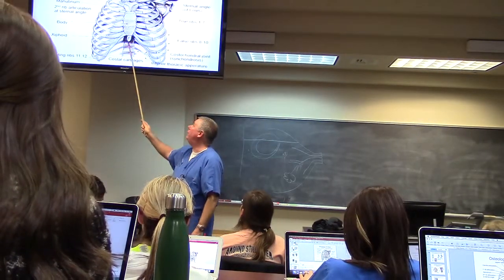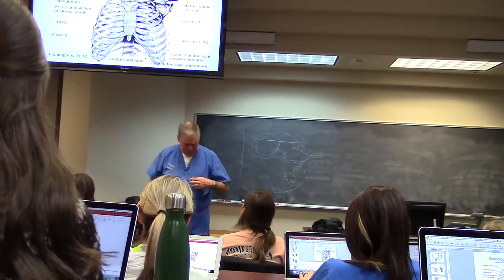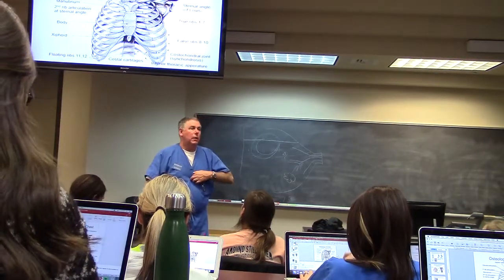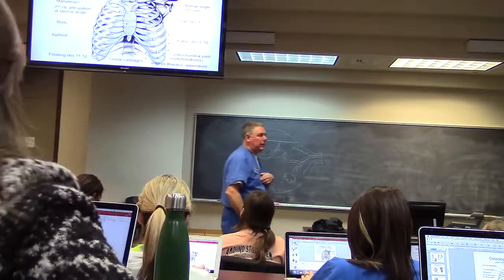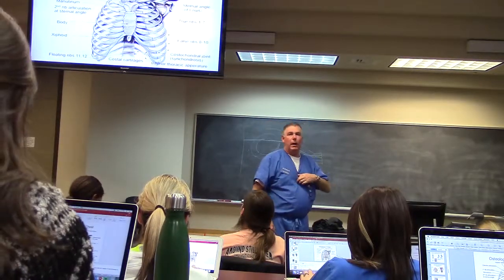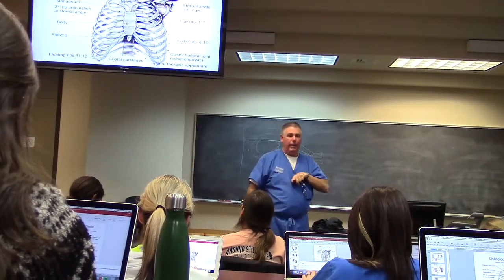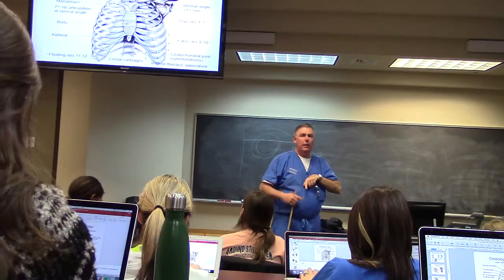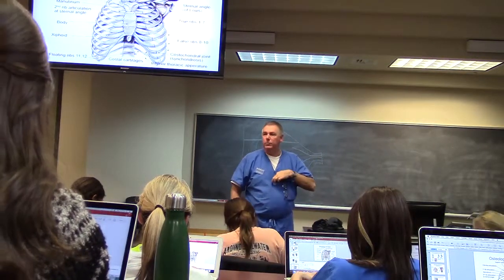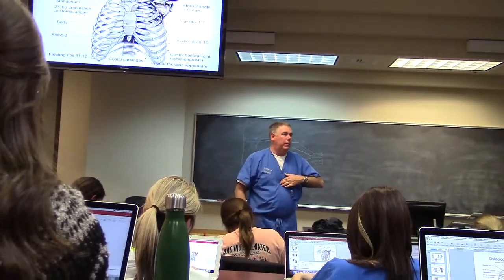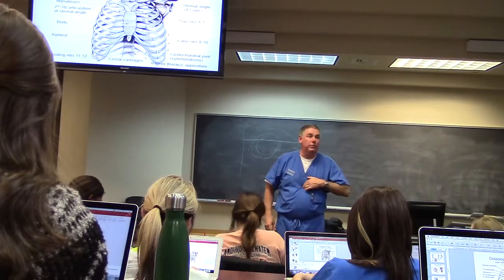Now at the bottom of the sternum is the xiphoid process, a little cartilaginous process. In some people it sticks out like a point. In others it's more straight up and down, and it's just good to know that it's at the bottom of the sternum.